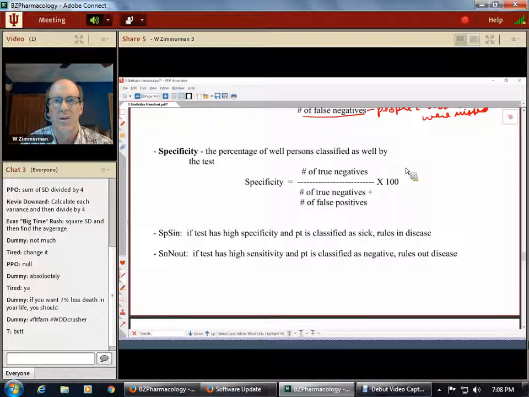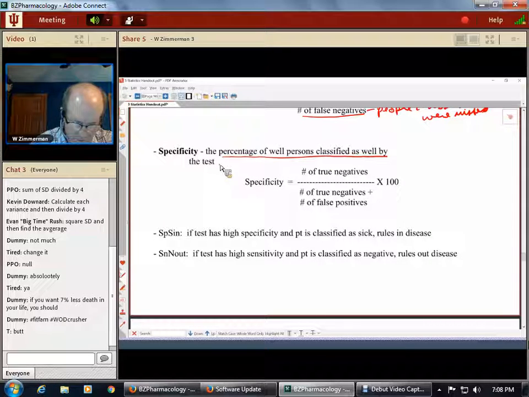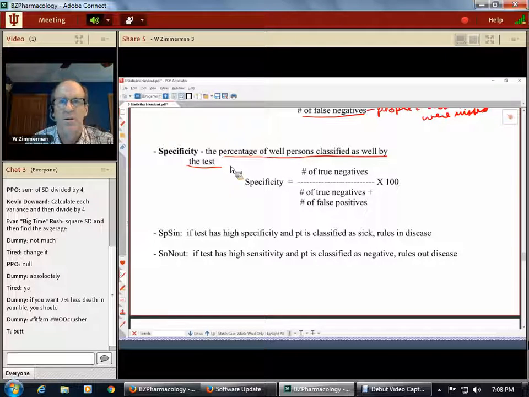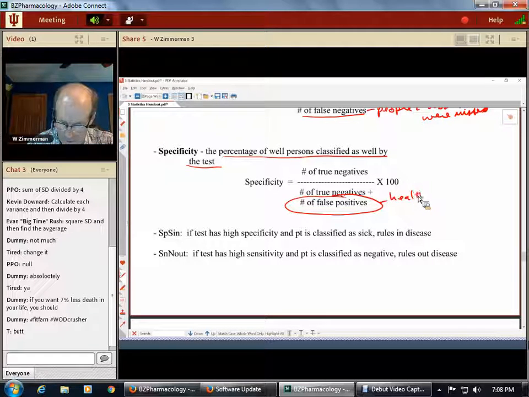Specificity isn't. Specificity is the percentage of well persons classified as well. So it's true negatives over true negatives plus false positives. These were healthy people that were classified as sick.